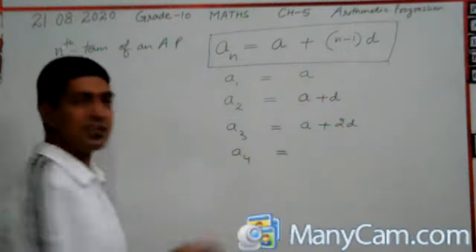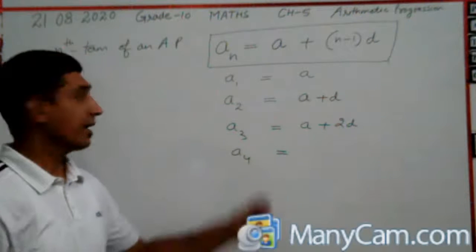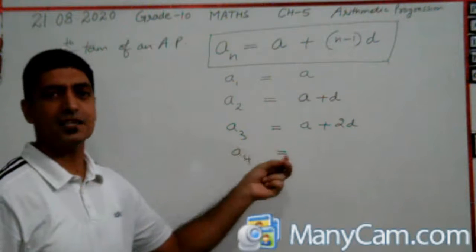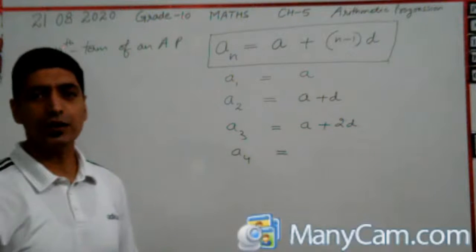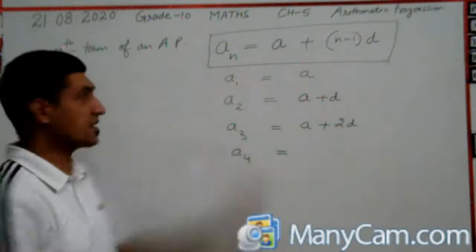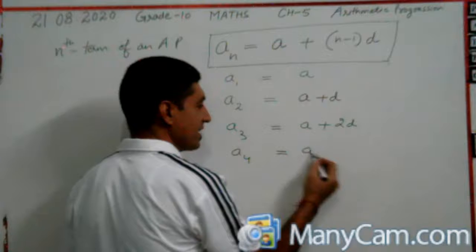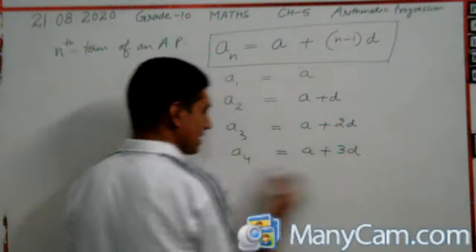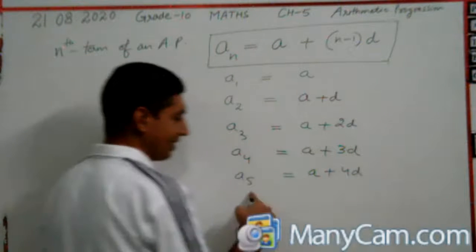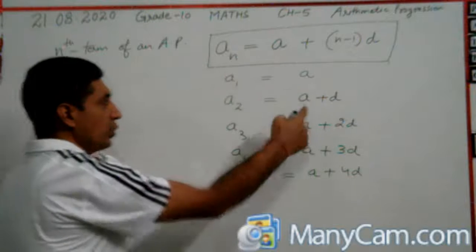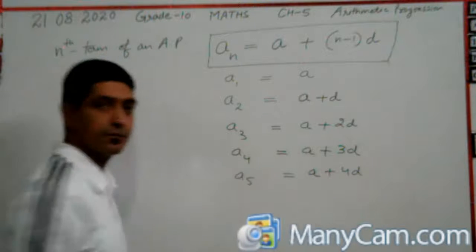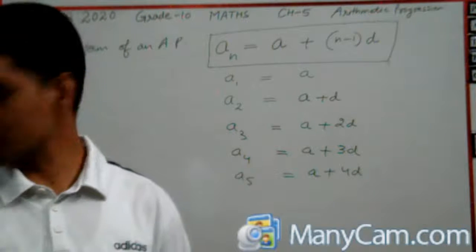So what is an AP? An AP is a list of numbers in which every succeeding number is obtained by adding a fixed number to the preceding one, and this fixed number is called the common difference, except the first term. The first term is a only. So here it is a plus 3d, same for a5, a6, and so on. We have one particular pattern, that a_n is equal to a plus (n minus 1)d. So n is 5, so it is 4d. We will use it in so many ways.